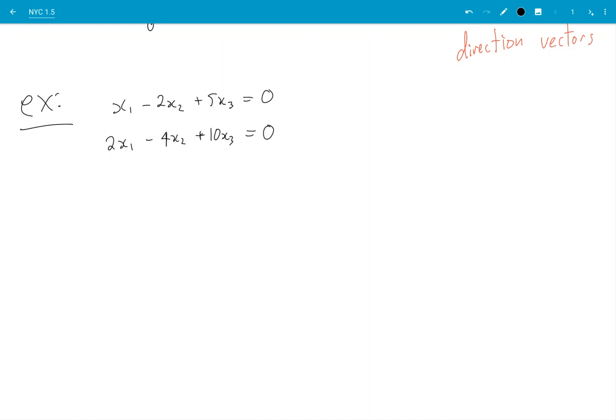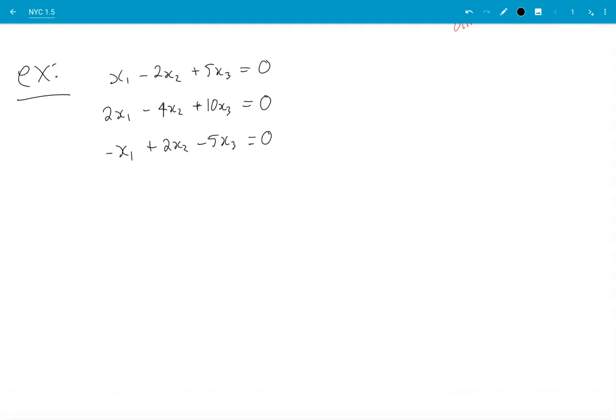What else? Minus x1 plus 2x2 minus 5x3 equals 0. Take a second to double check I copied it down right. It's always worth your time to double check that you copied the question down correctly. It's a painful mistake to have to correct.